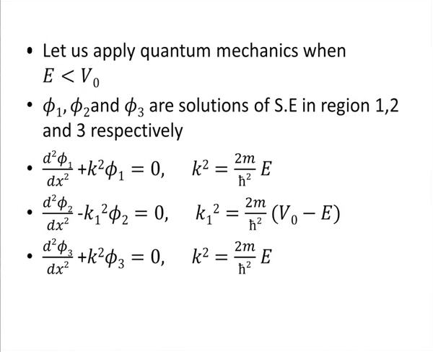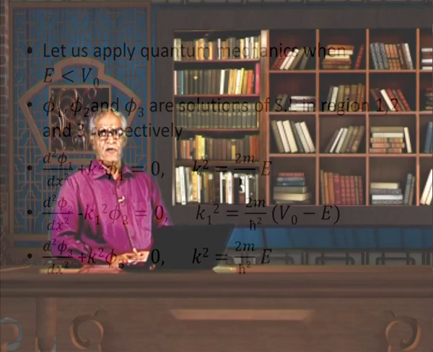Now, we apply quantum mechanics when E is less than V0. Suppose phi 1, phi 2 and phi 3 are solutions of the Schrodinger equation in region 1, 2 and 3 respectively. We have already seen how to write Schrodinger equations.